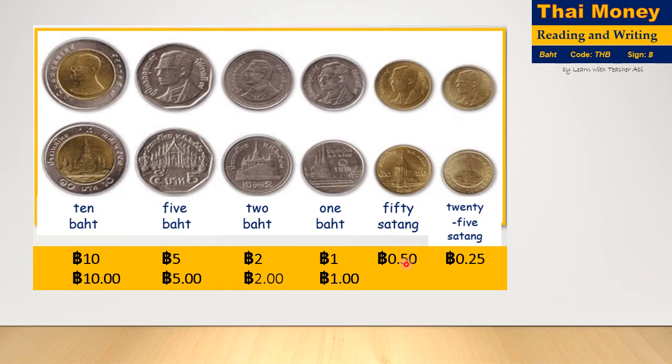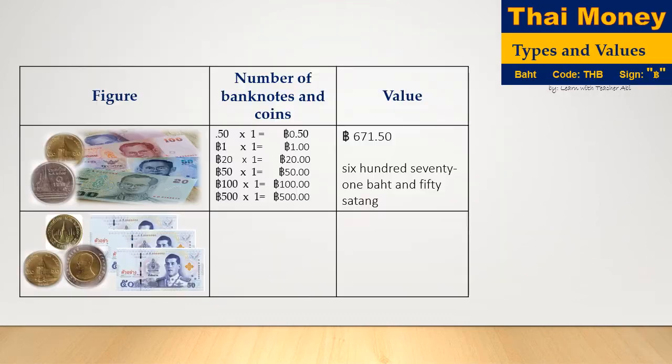Again, 25 satang, decimal point, and then the value. Before we continue to learn how to read and write money, let's try to count the money that we have here. The first one is an example, and then the second one you'll need to do.